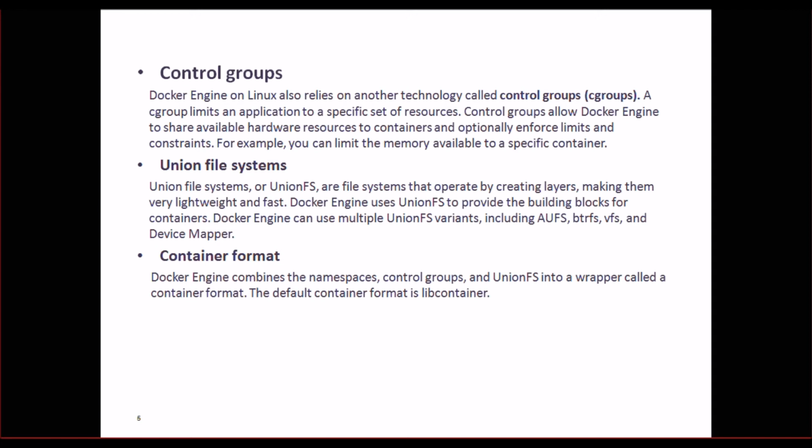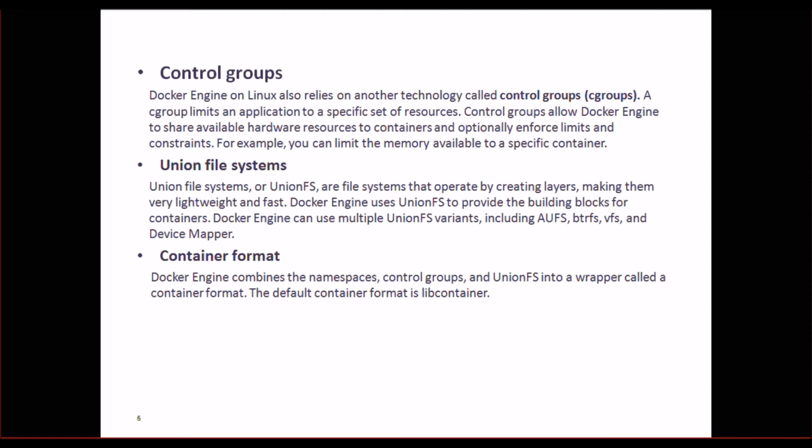The first one, namespaces: all the namespaces combined with each other create your container. Another component is control group, which is basically allocating resources to your container. The next is union file system. The union file system, or union FS, is a file system that operates by creating layers, making them very lightweight and fast.